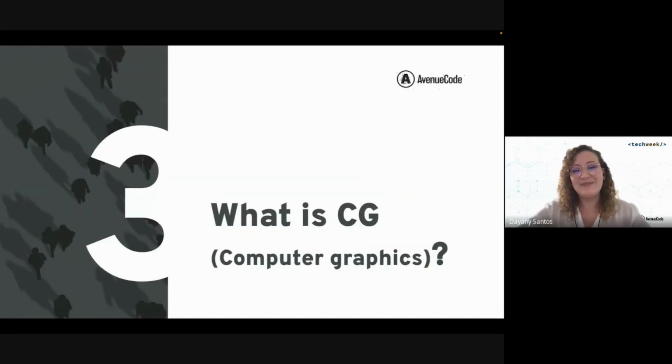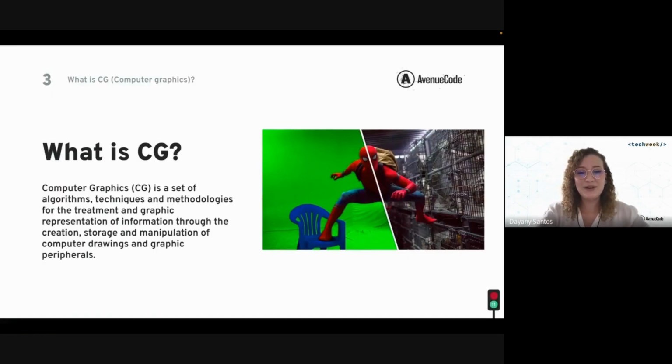Now let's get some idea about what computer graphics is. So computer graphics, also known as CG, is a set of algorithms, techniques, and methodologies for the treatment and graphical representation of information through the creation, storage, and manipulation of computer drawings and graphics peripherals.